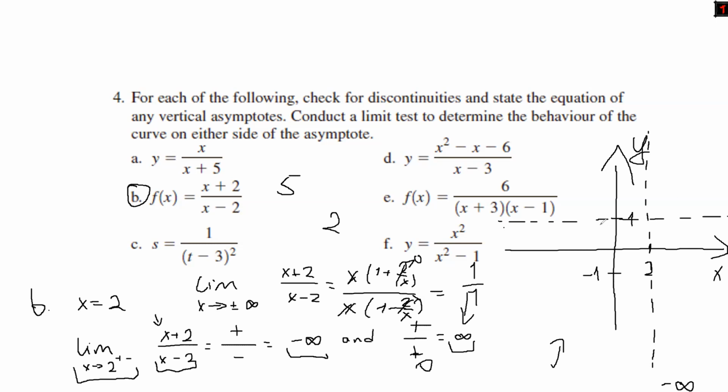And I know that I have a vertical asymptote and a horizontal asymptote. So my function would start from positive infinity to the right-hand side and try to reach this horizontal asymptote. To the left-hand side, it would start from negative infinity and also try to approach this asymptote.